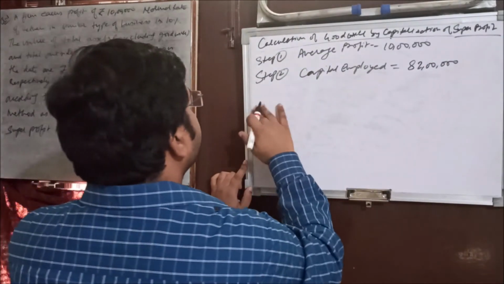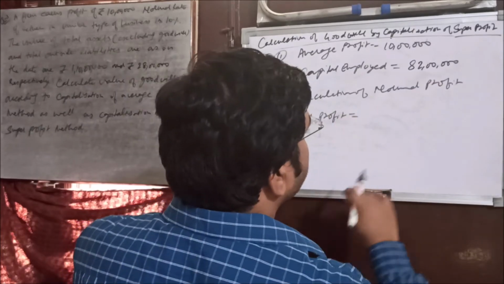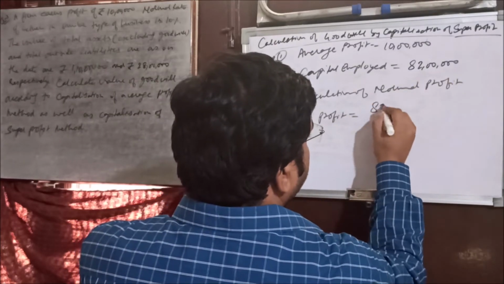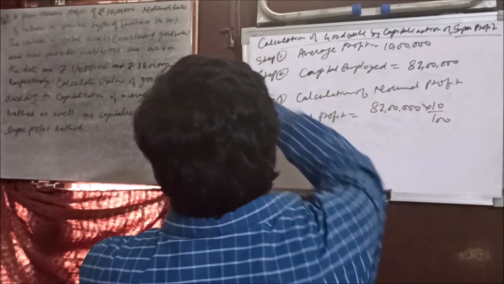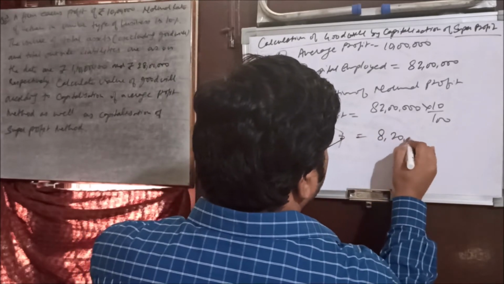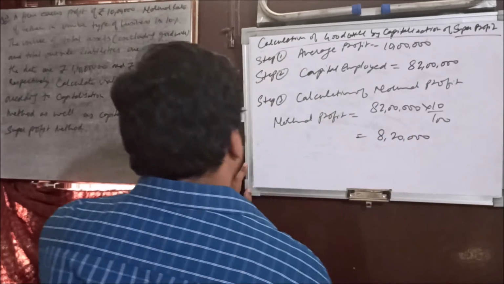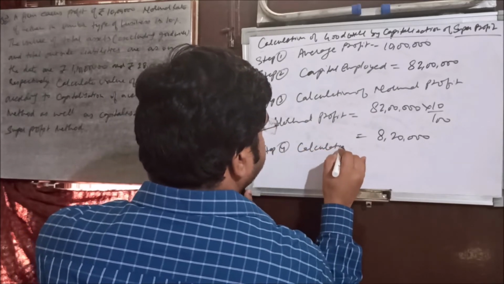The third step is to calculate normal profit. Normal profit will be calculated on capital employed. So on 82 lakh at 10%, because 10% is the normal rate of return. So that is 8 lakh 20,000. Understood? Now step 4, to calculate super profit.